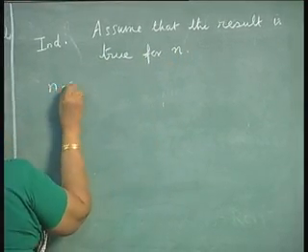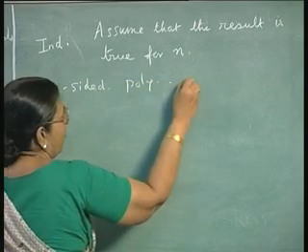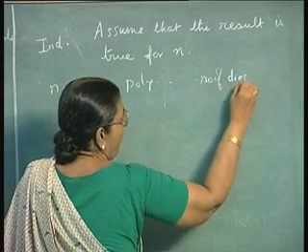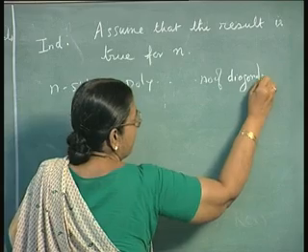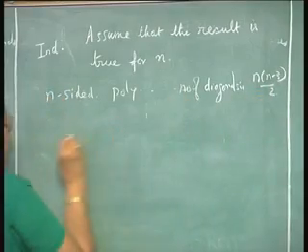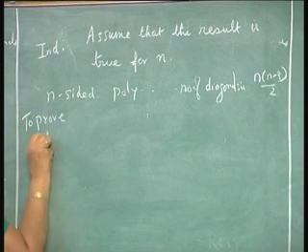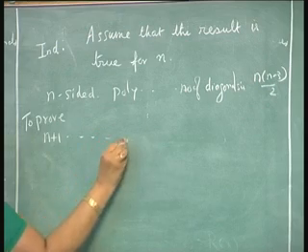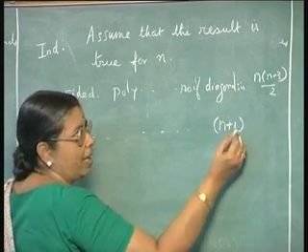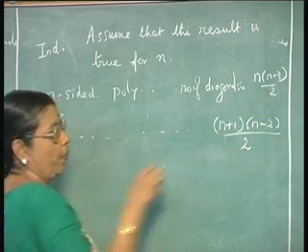That is, for an n-sided polygon, the number of diagonals is n into n minus 3 by 2. What you have to prove is, for an n plus 1 sided polygon, the number of diagonals will be n plus 1 into n minus 2 by 2. Instead of n, you must write n plus 1.